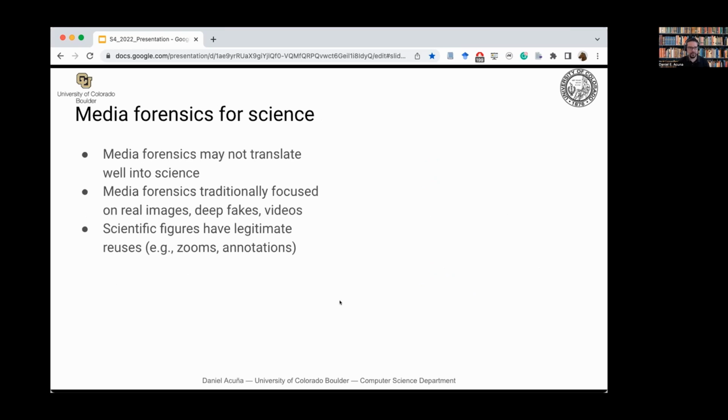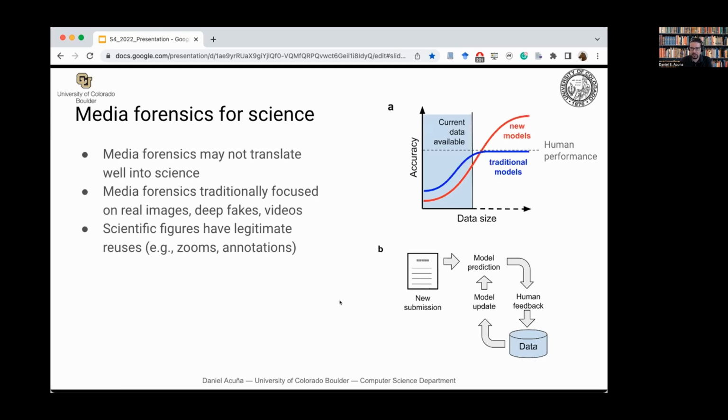Another line of my research is to try to develop computational methods to discover problems in image manipulation. If we take a page from the AI book, automating image manipulation detection has been bad, or it doesn't work too well, because the data sets that we can use to apply AI to learn from are not that big.